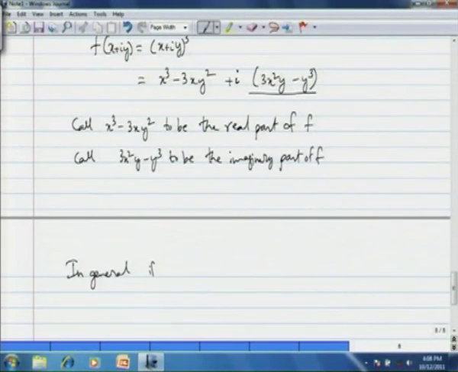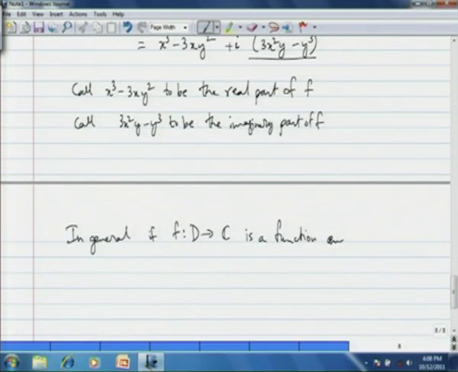In general, if we take a complex function f from a domain D to C, and f of x plus I y is equal to u of x comma y plus I times v of x comma y.